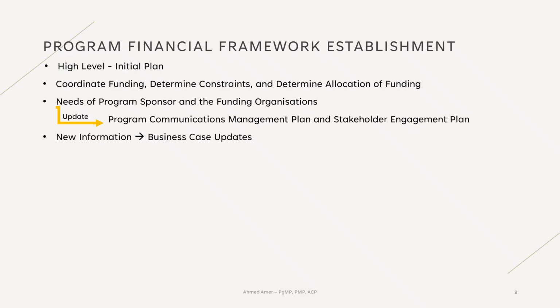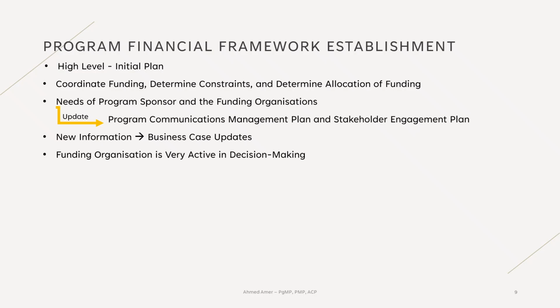And because the money involved is usually significant, the funding organization is rarely a passive observer. They tend to be very active partners, influencing decisions made by the business leads, technical leads, and the program manager. That's why communication becomes critical.